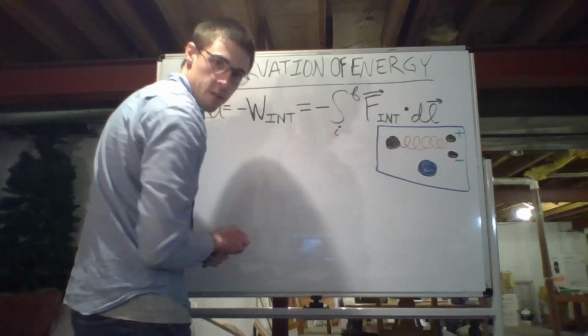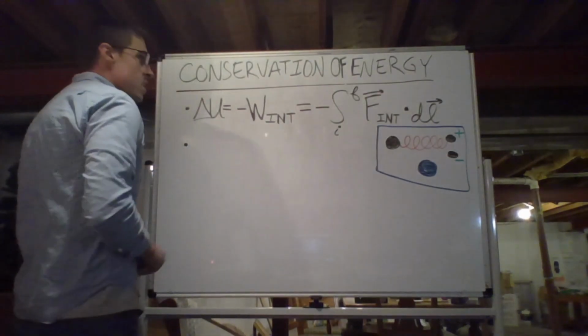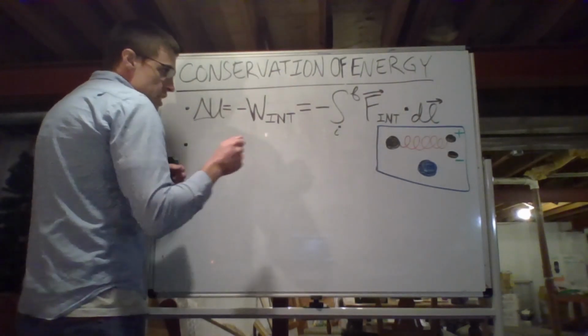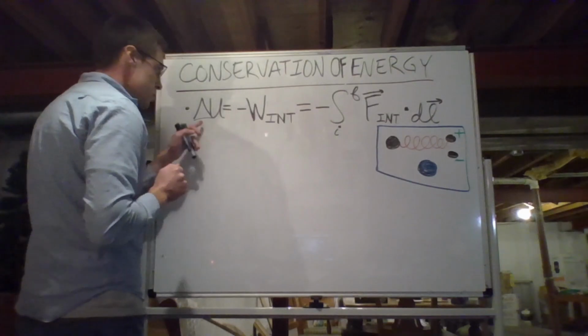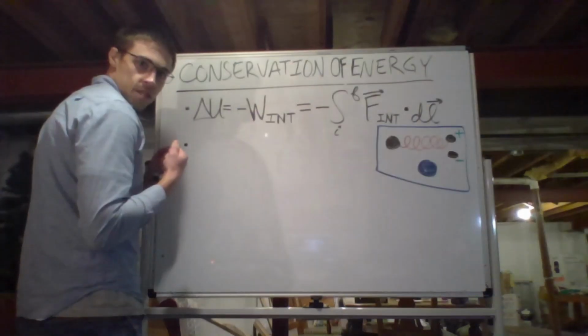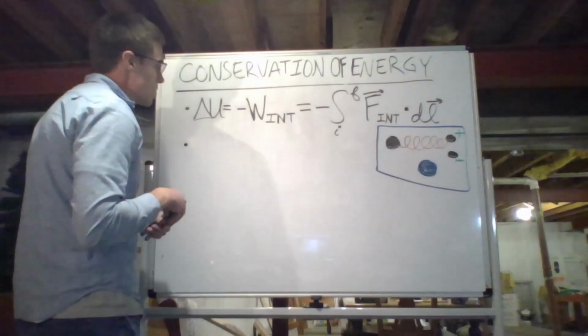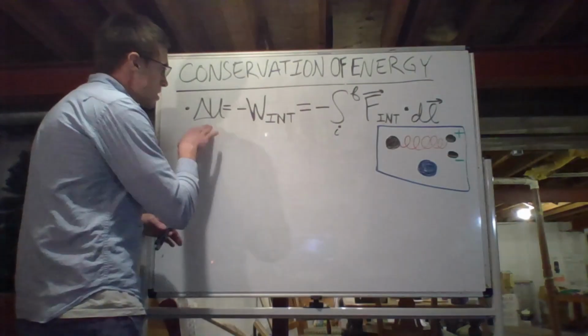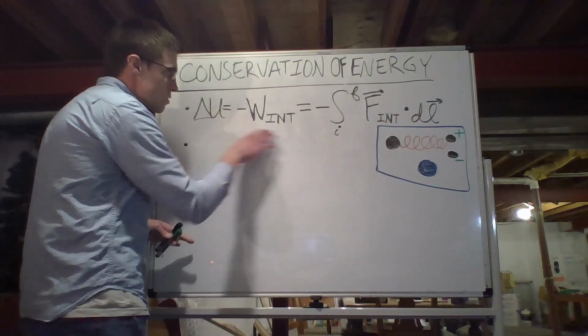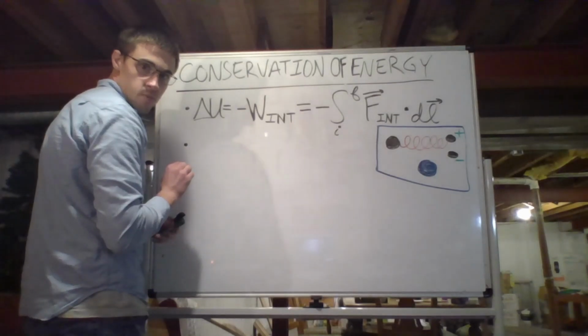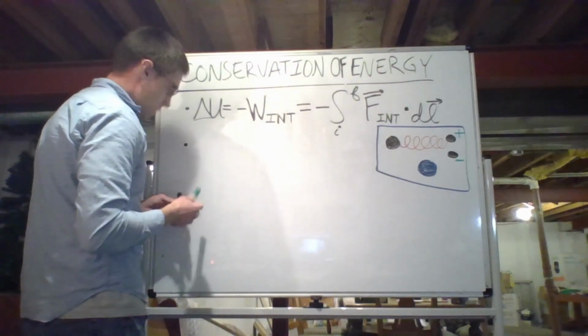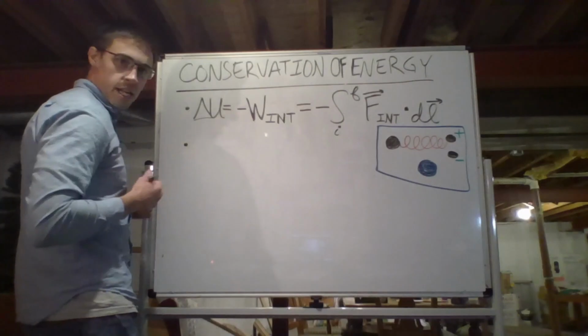Okay, let's consider what happens with this system. As they interact, if they change position, they'll change their potential energy. The total potential energy of the system will change, right? And we know that the change in potential energy is minus the work done by the internal forces. And what about the kinetic energy?